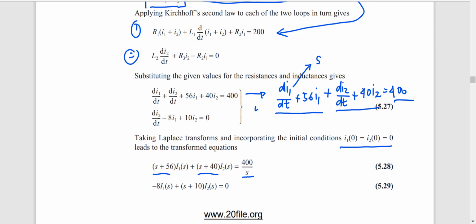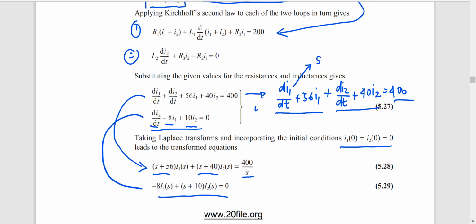And then the second equation is minus 8 I1(s) plus, for I2 it is s, this is s plus 10, I2(s) is equal to 0. So this is the second equation. This is the Laplace transform of the first equation, and this is the Laplace transform of the second equation.